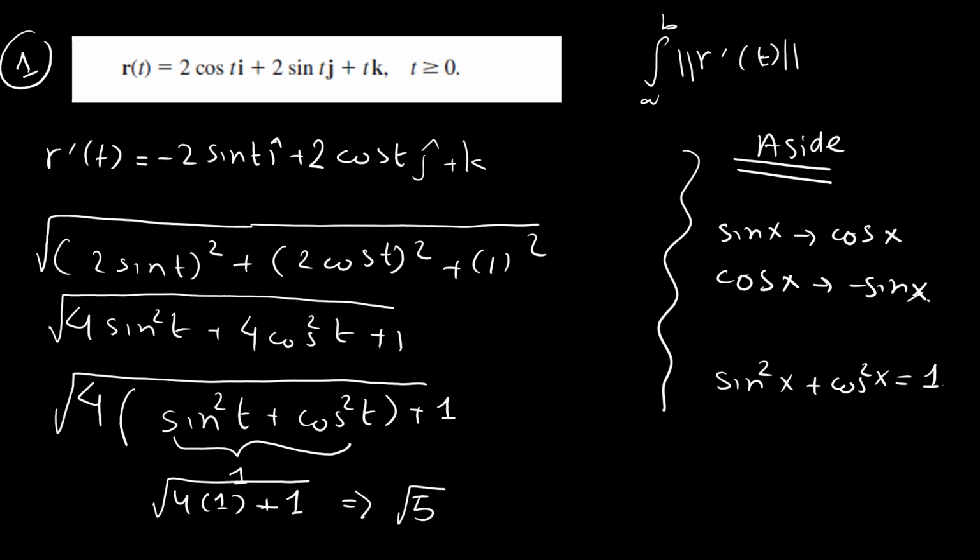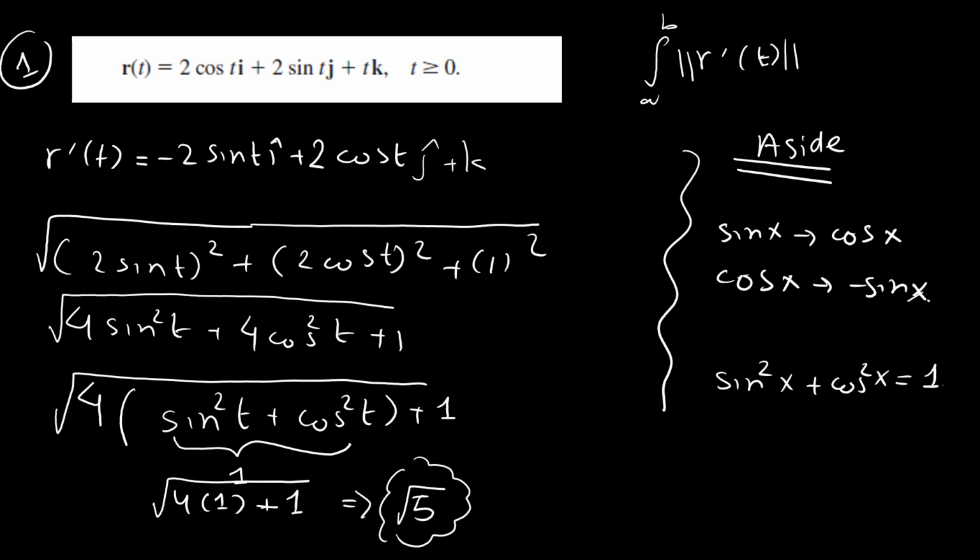So this is what this gives us after doing this. But we're still not done. We need to integrate it from a to b, over our interval. And what is the interval in this case?